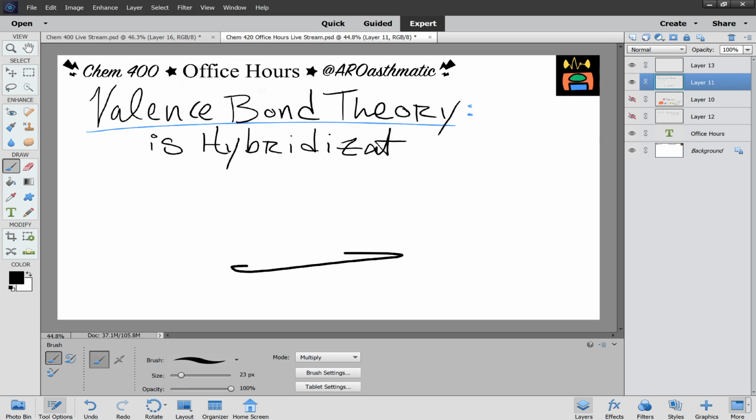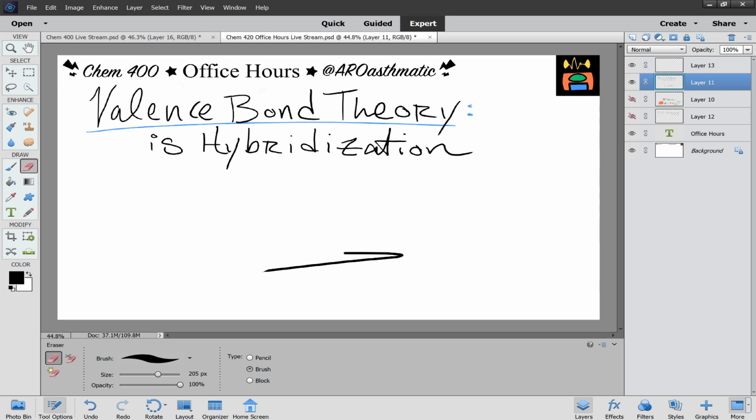All that hybridization stuff that we've been learning is valence bond theory. We haven't called it that in Gen Chem, but that is what it actually is.